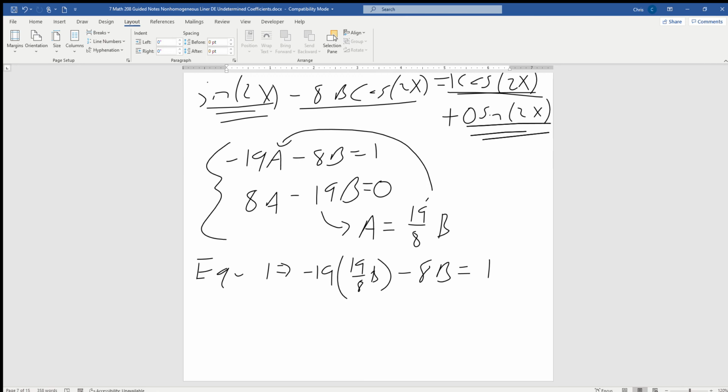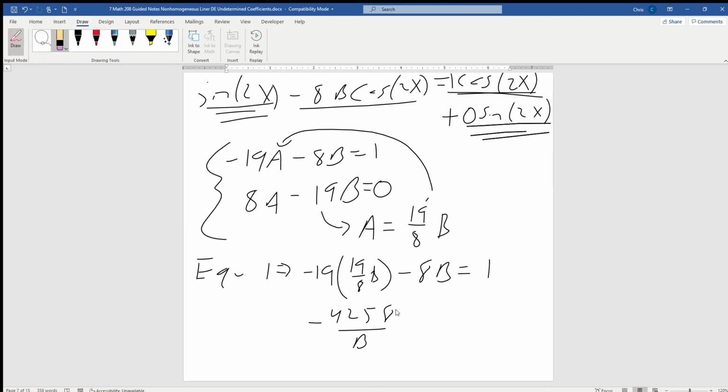So I get negative 425/8 b is equal to 1, which implies that b is equal to negative 8 over 425.